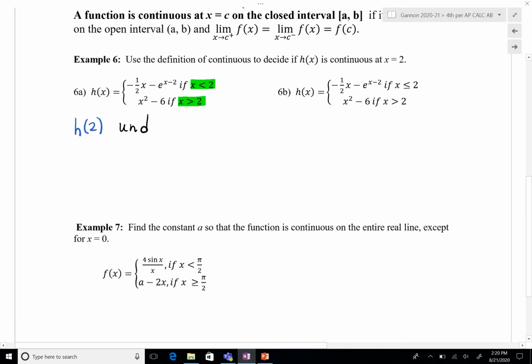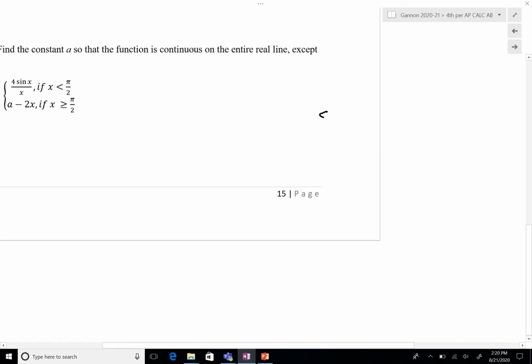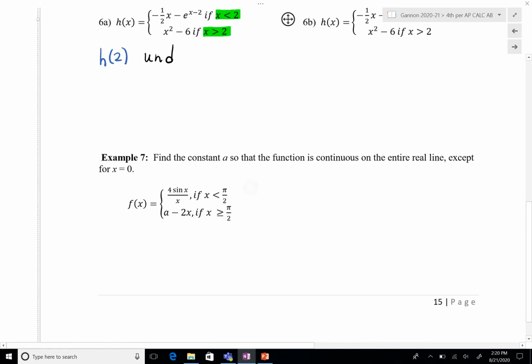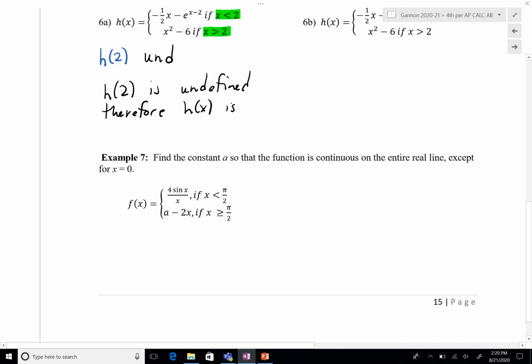Okay? So I'm just going to say h of 2 is undefined, therefore, h of x is not continuous at x equals 2.